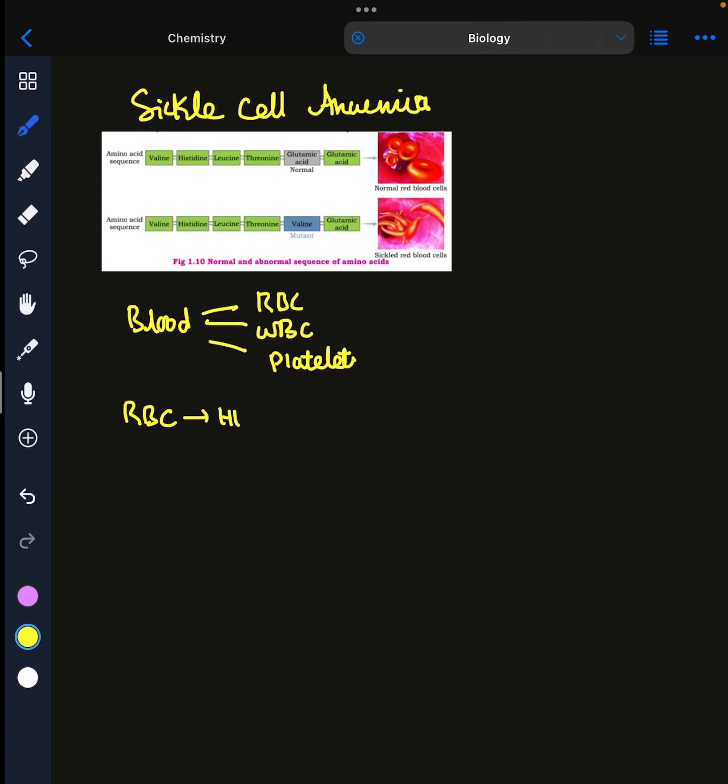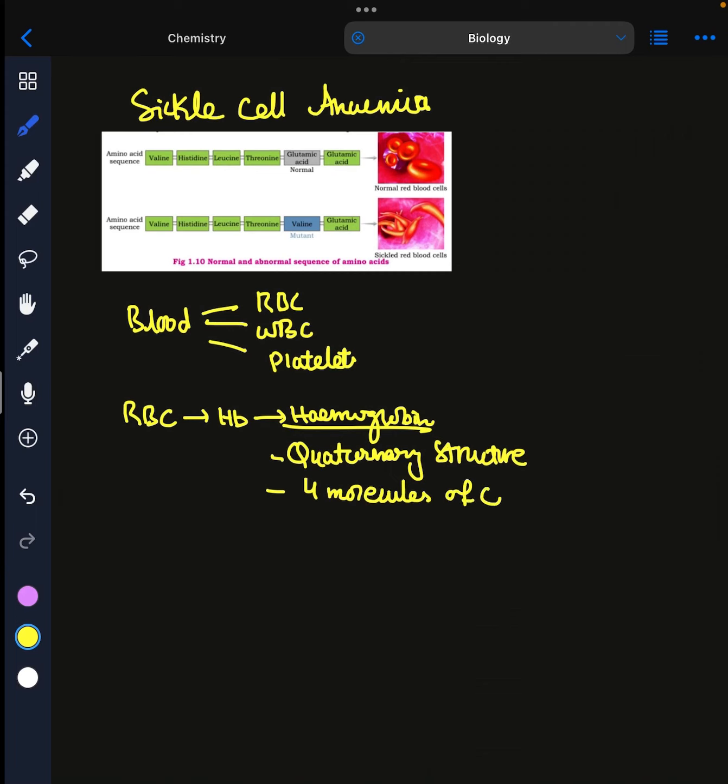RBC have a special molecule that's called hemoglobin. Hemoglobin is a quaternary structure of protein, and it carries four molecules of oxygen.